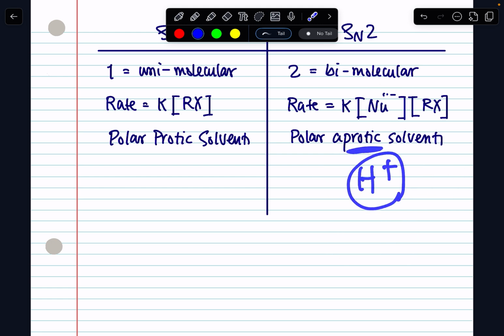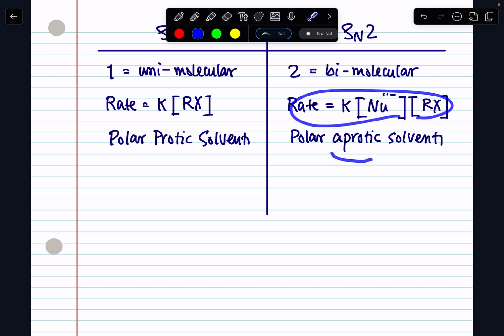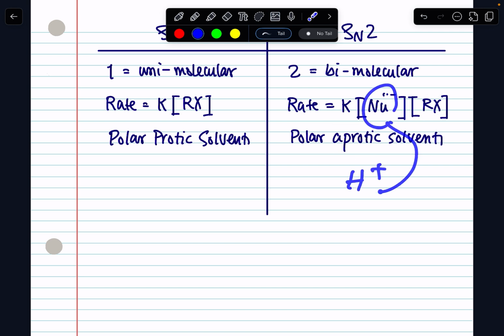It's a positive center. The problem is that if you have an SN2 reaction happen in a protic solvent, because you have lots of protons, these nucleophiles are going to react with the protons and not the Rx. Rx is your alkyl halide in this case. And you will not get a reaction.